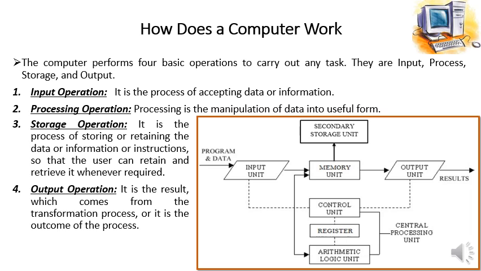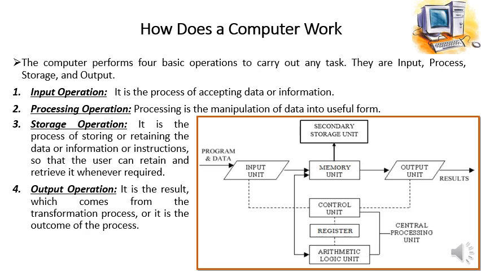And once the arithmetic logic unit performs the operations, one thing we should notice, that arithmetic logic unit is also controlled by the control unit and with the help of registers, which keep the recently executed instructions.